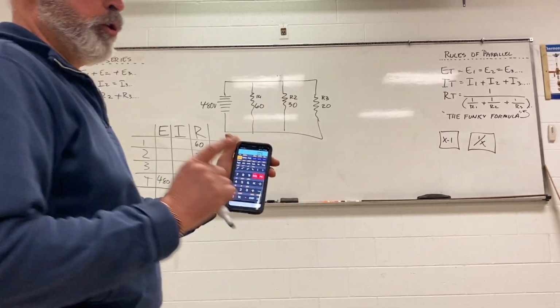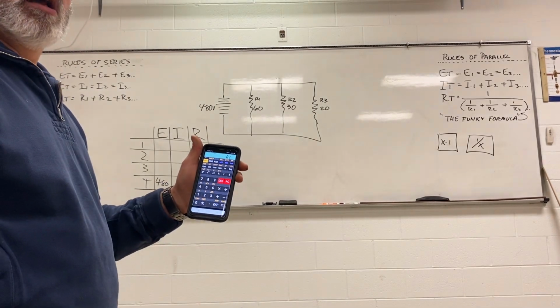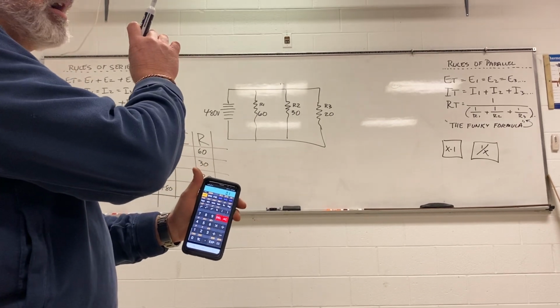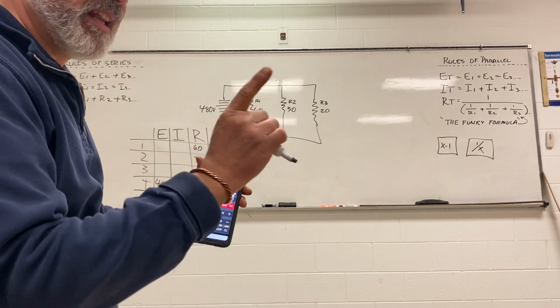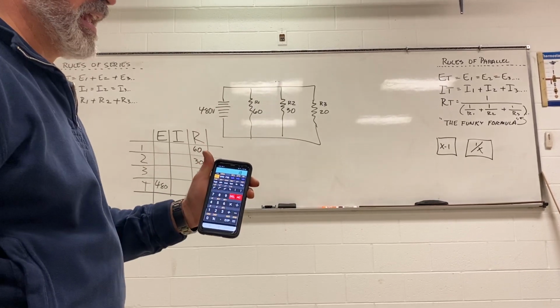It's very important right here to hit equals. A lot of students forget to do that. So I have added up my reciprocals all the way to that, and then the very last thing I do is hit 1 over x again.